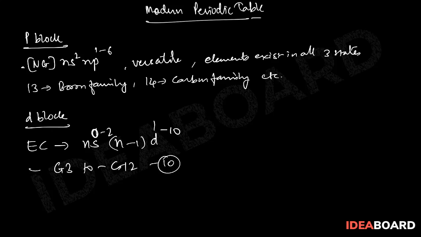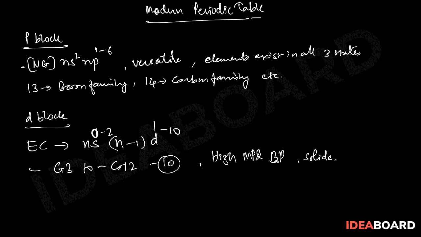They have generally high melting points and boiling points, because they have very high metallic bonding, as there are many (n-1)d electrons in each of them, which also participate as valence electrons in metallic bonding. Then most of them are solids except mercury.